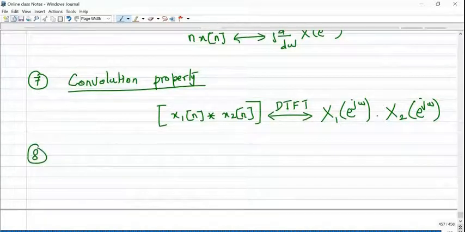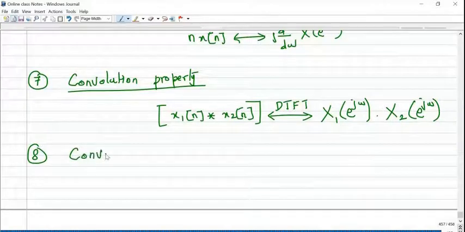Similarly, multiplication property. Suppose two signals are multiplied in time domain, then the result is convolution in frequency domain. I'll write down here.